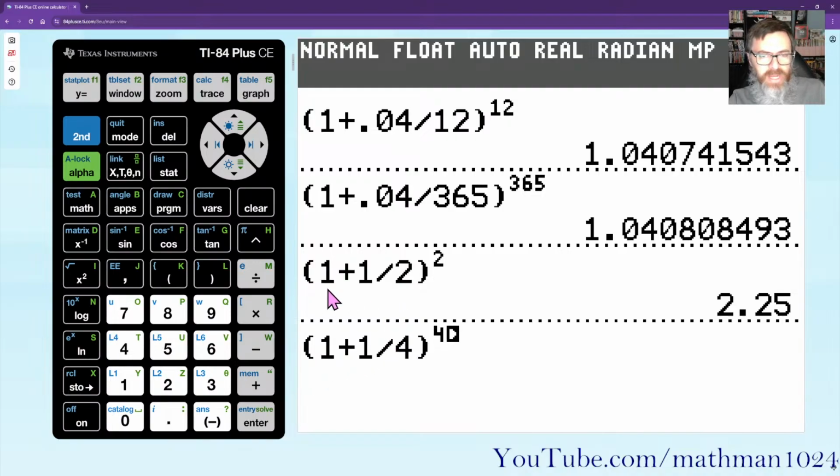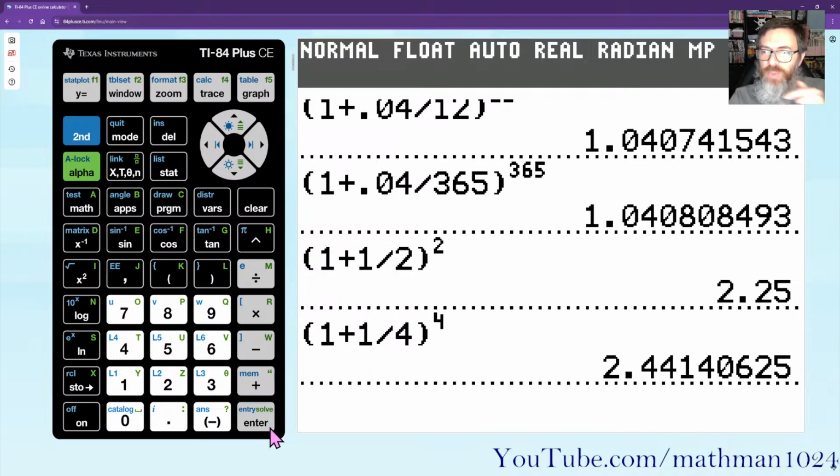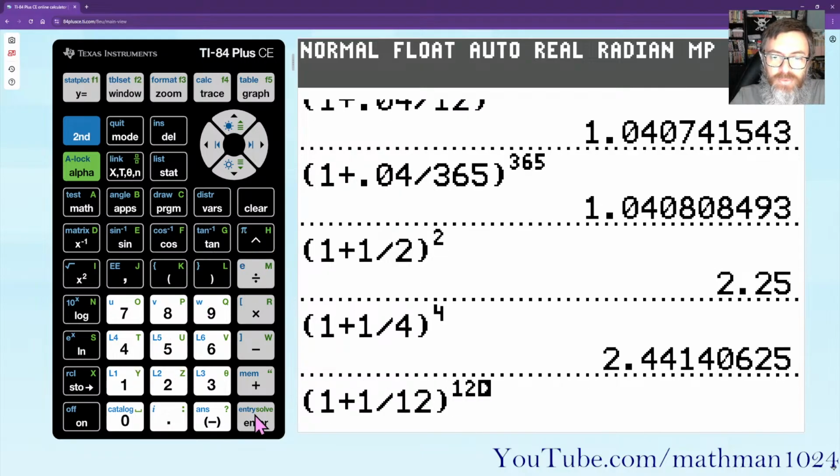Now what you're going to see here is that the number inside is getting smaller. So we're going to go from 1.5 to 1.25. But the power is going up, which means we end up with a larger number. Suppose we do this every month. 1 plus 1/12 raised to the 12th.